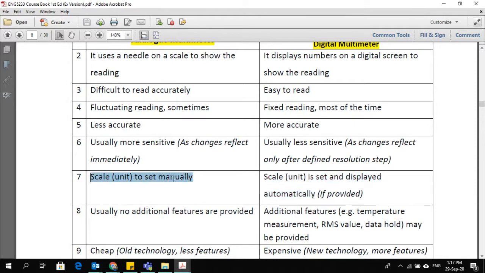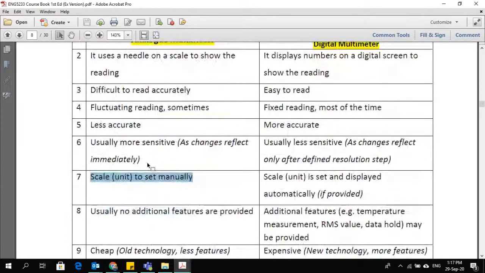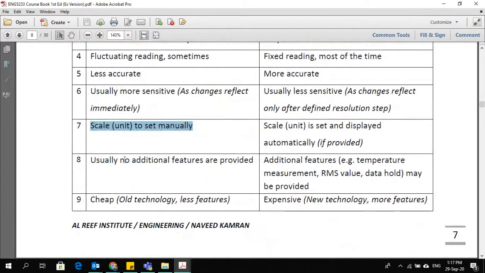But in a manual analog, you have to see it. Here you see many scales, 1, 2, 3, 4. So you need to look at which scale is for resistance. Then you need to see the position of your needle, and then you will be able to find out what the reading is. So it's a bit more tricky.